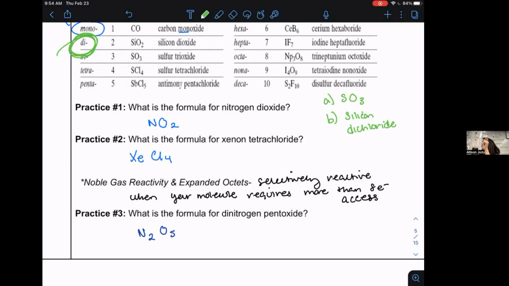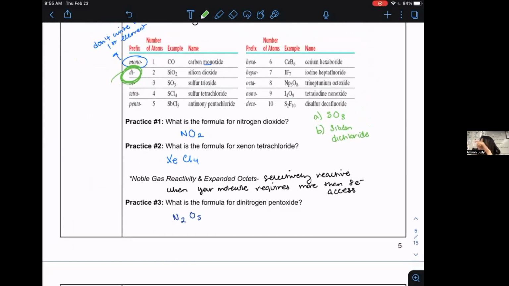So that's why we say di. Now, bi is not used here, okay? This is Greek prefixes, not Latin. So we use di. Dichloride. Excellent. Any questions with that? That's kind of like my little overview.